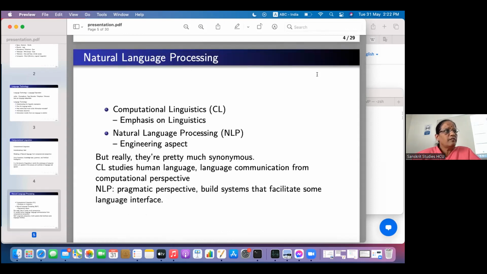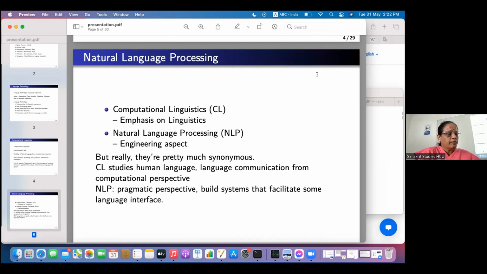Now, is there any difference between natural language processing and computational linguistics? In fact, in the beginning, when linguists started working on it, they were looking at it computationally, and thus this branch, computational linguistics, developed.